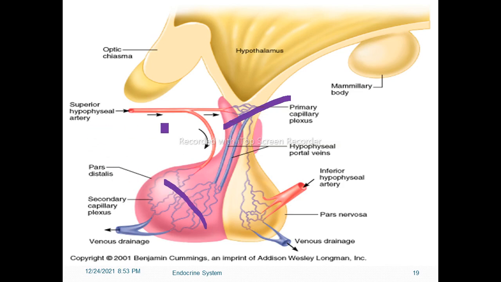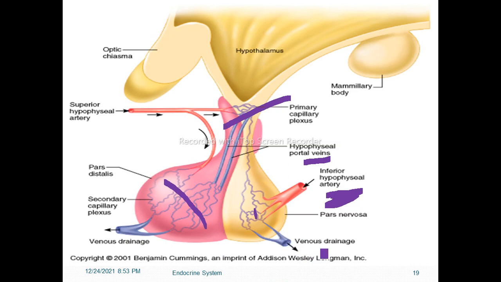This is known as the superior hypophyseal artery, which supplies the anterior pituitary gland, and this is the inferior hypophyseal artery, which supplies the posterior pituitary gland. The hypophyseal portal veins drain the pituitary gland.